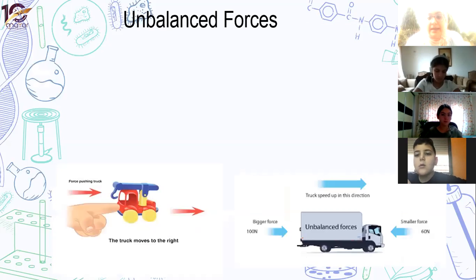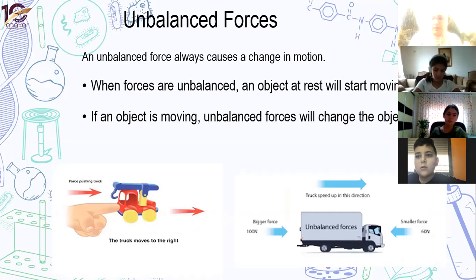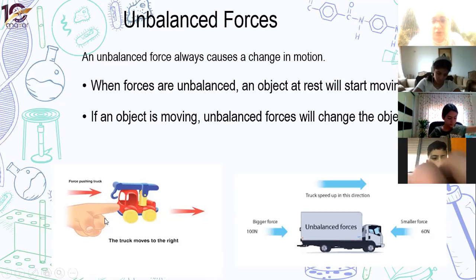So in unbalanced forces, when the forces are not the same, they can be in opposite direction or the same direction, but they are not equal. That means the motion or the effect is going to be toward the direction with more force. So here I have pushing the truck, it's going to move forward.